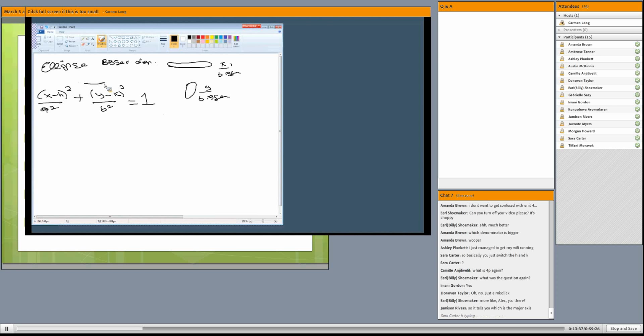All right, let me clear out all this kind of silliness, and then we'll write the other one. The other one is (x minus h) squared plus (y minus k) squared equals 1. It looks exactly the same, and here the a is under the y. See, the a is bigger, and it's under the y, so this is the ellipse that goes up and down this way. Does that make sense?